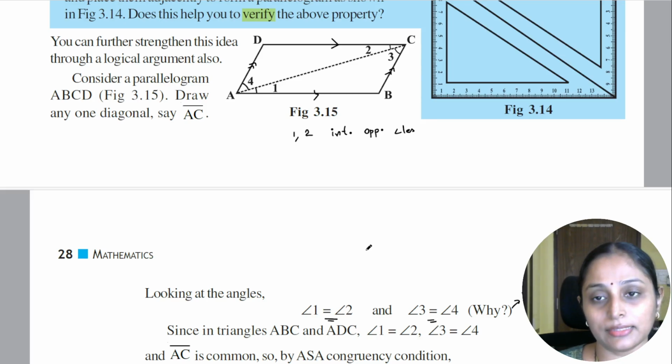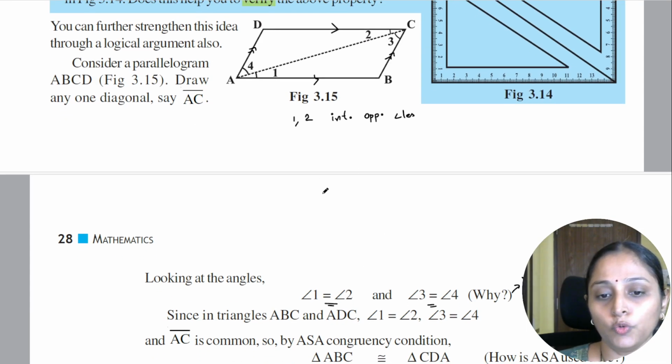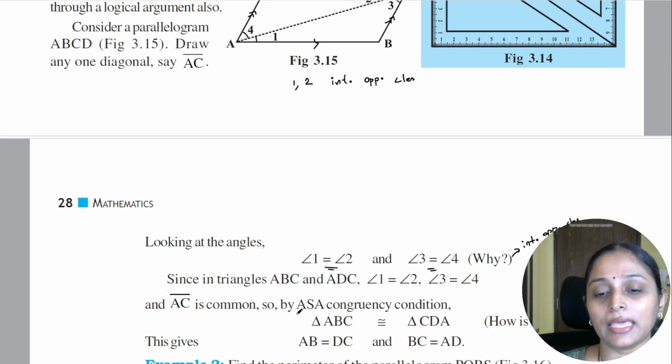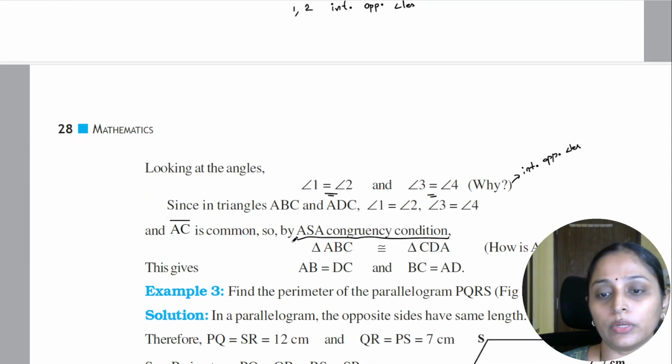Interior opposite angles are equal in measure. So now here I have two pairs of equal angles, and this AC is a common side. That means that by ASA congruency, I can conclude that ABC is congruent to CDA.